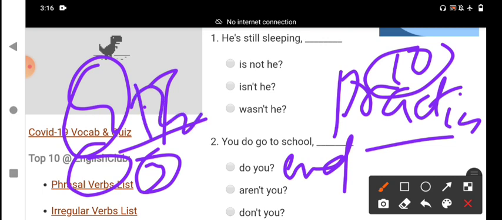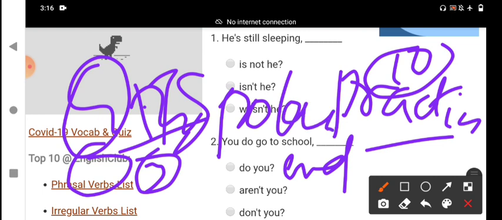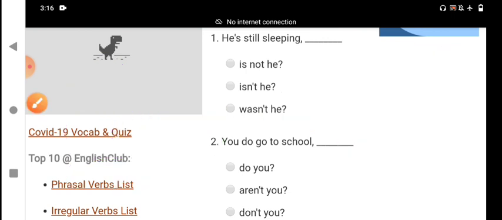These are called tag questions. These questions are used mostly in spoken language, especially when we want to check whether something is true or false, or to invite people to agree with us. It is called a mini question.